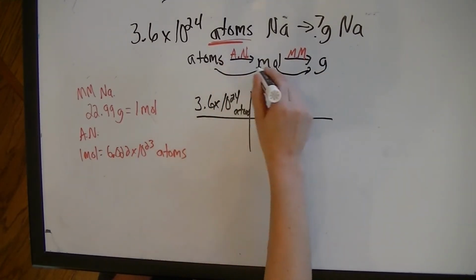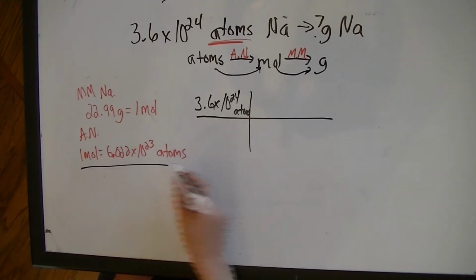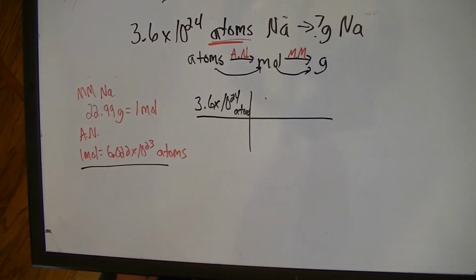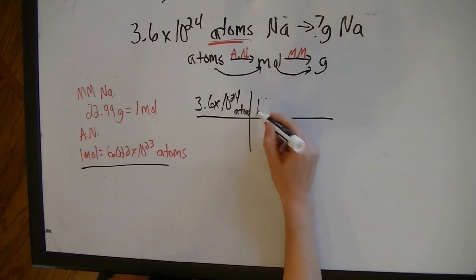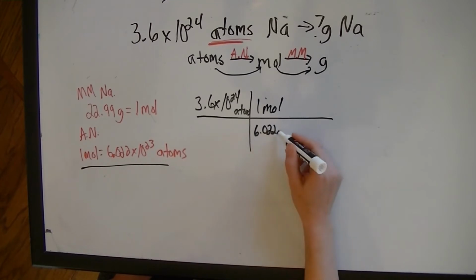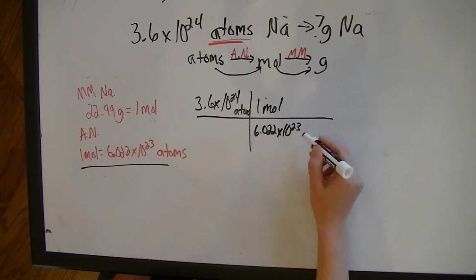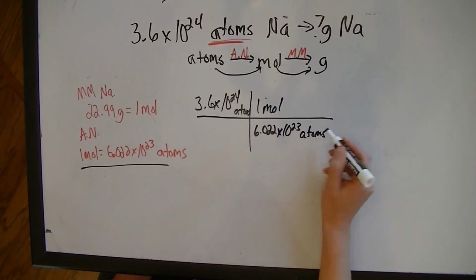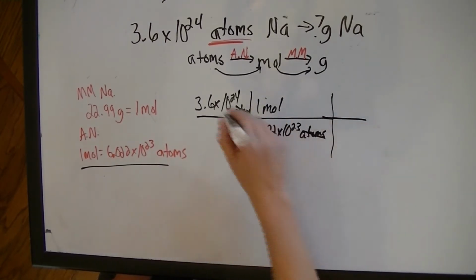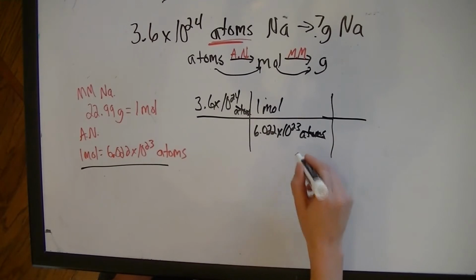So this first step, I'm using Avogadro's number. Do I want atoms on top or atoms on the bottom? I want atoms on the bottom so that it cancels. Atoms, atoms. So after doing this calculation, this division, I will be in moles.